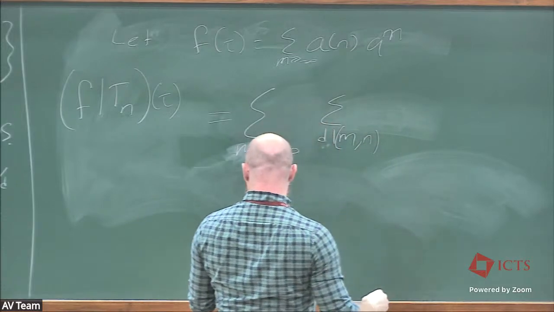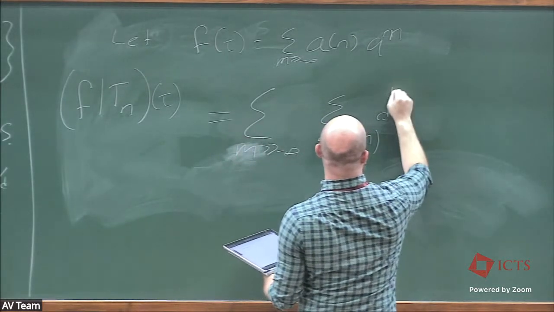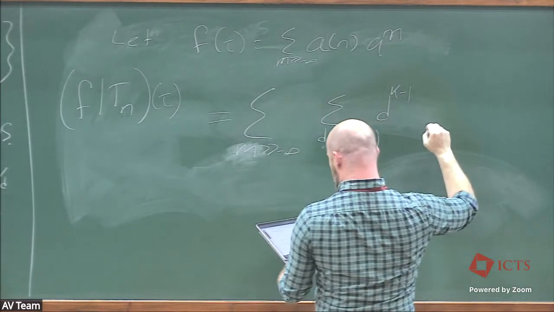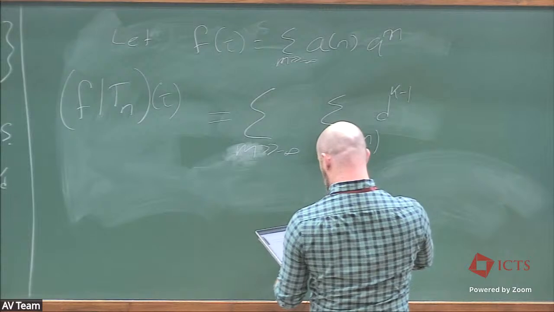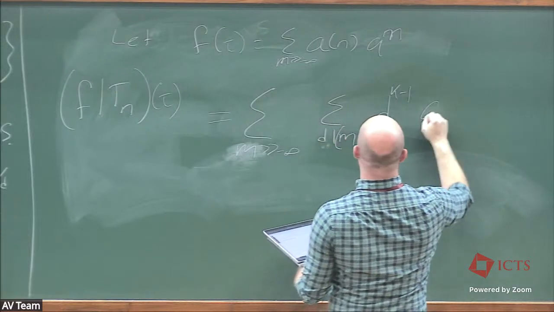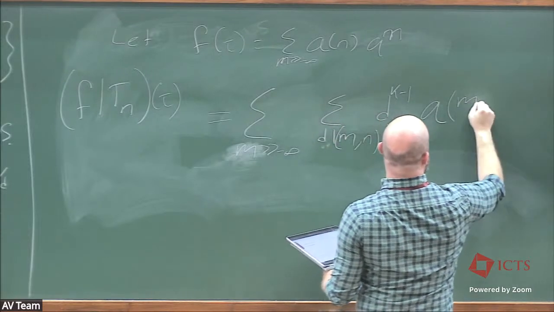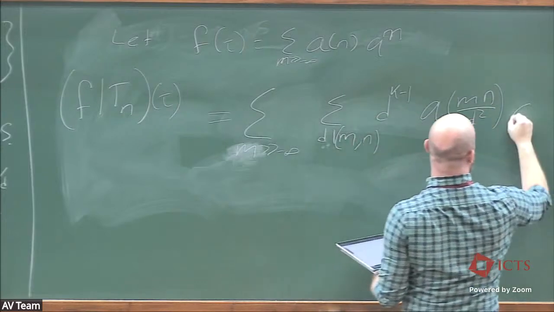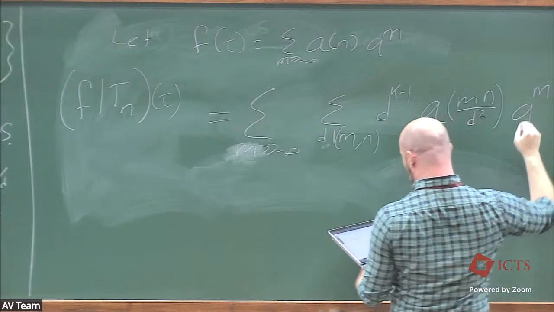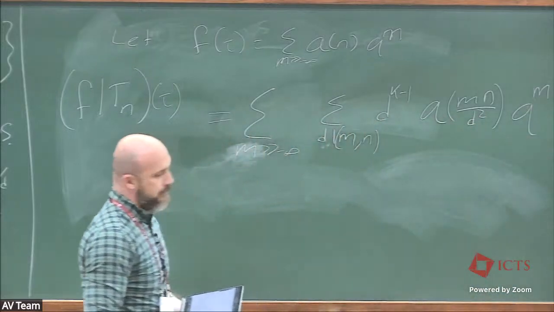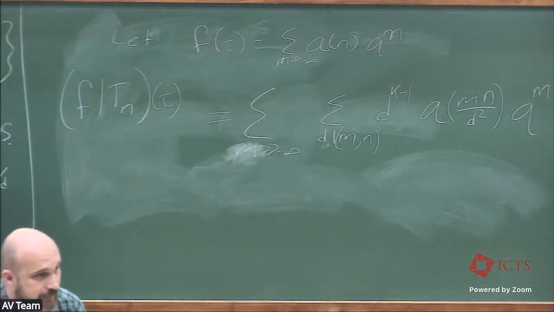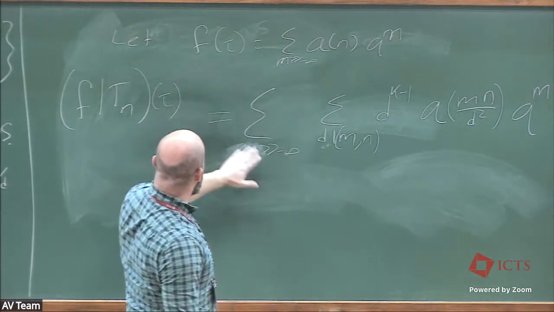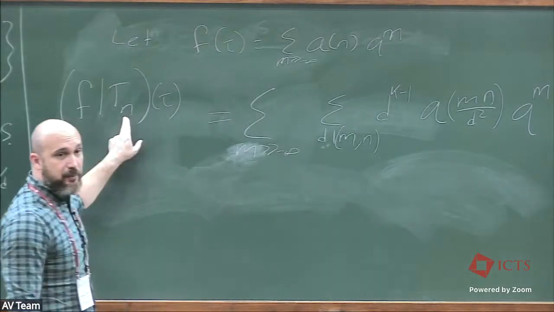We get a d to the k minus 1 a of mn over d squared, q to the m. So this is a full expression for any one of our Hecke operators.